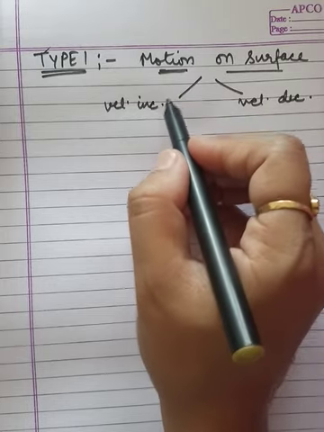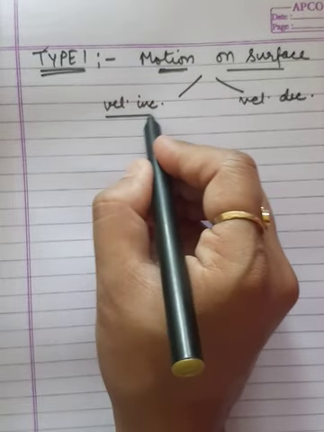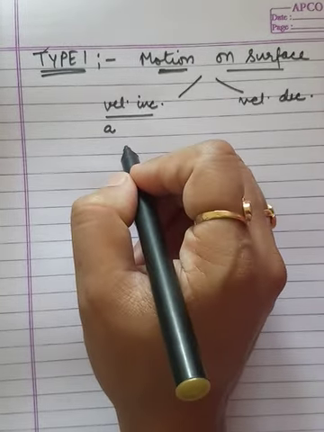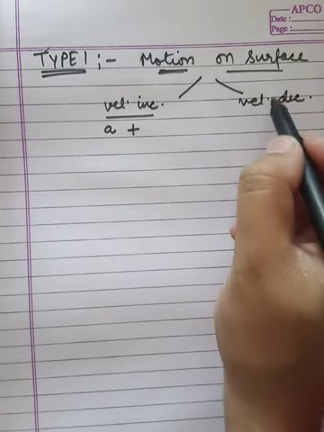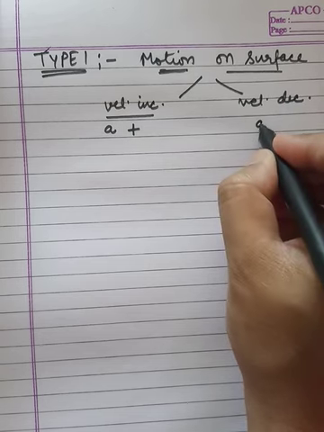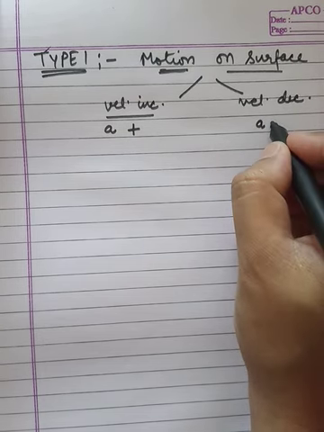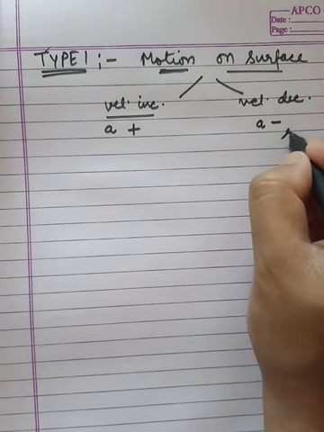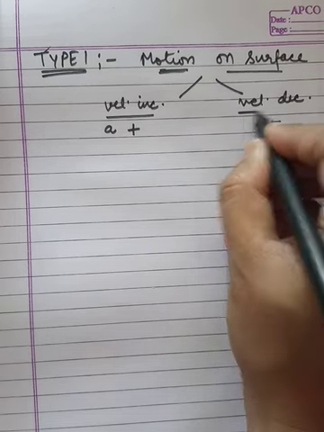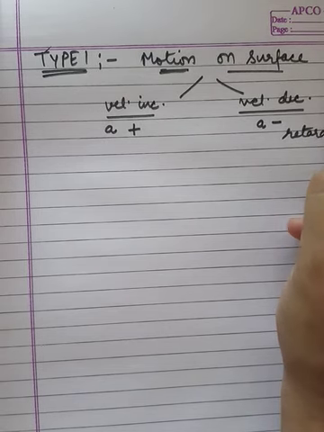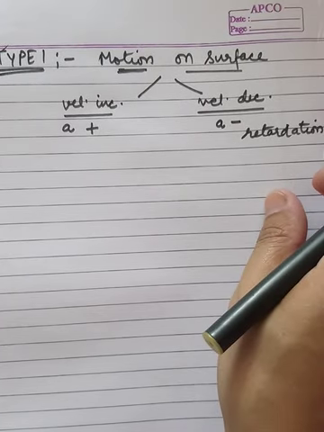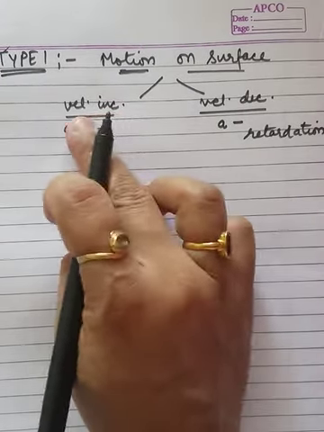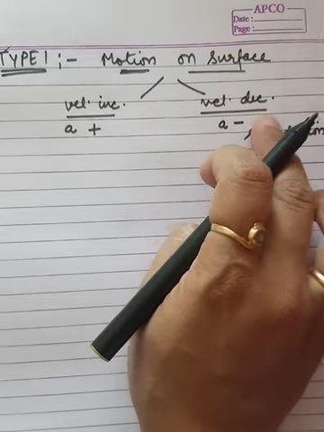Because when the velocity is increasing, there must be some acceleration, which is a positive acceleration, and when the velocity is decreasing, there must be a negative acceleration, or you can say retardation.